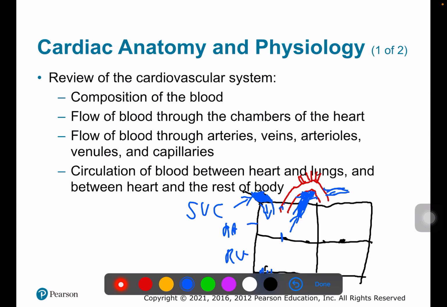But that valve keeps blood from going from the right ventricle back up to the right atrium. Only flows one way. So the deoxygenated blood comes into the right atrium through the superior vena cava. It goes through the tricuspid valve into the right ventricle.